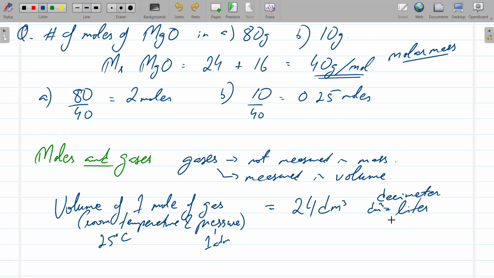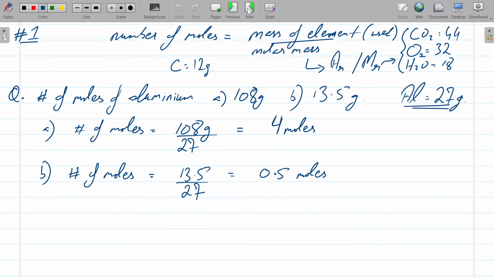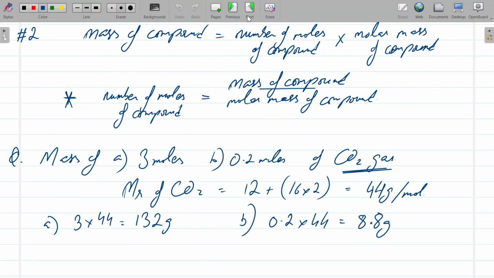So dm cube means liter, right? Which means that this is occupying a volume of 24 liters at room temperature and pressure. So again, the carbon dioxide gas that we had, it's 44 grams per mole.